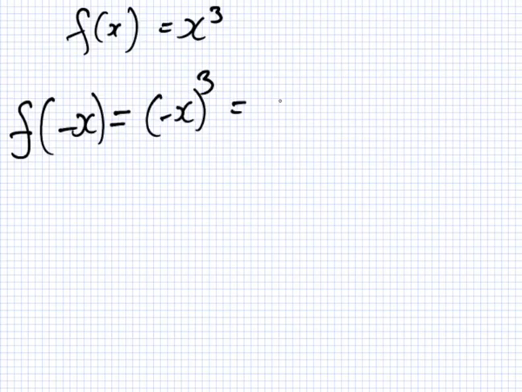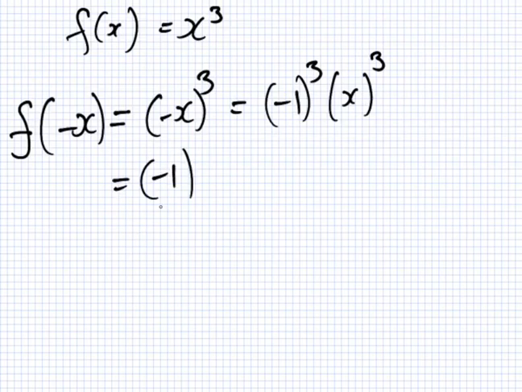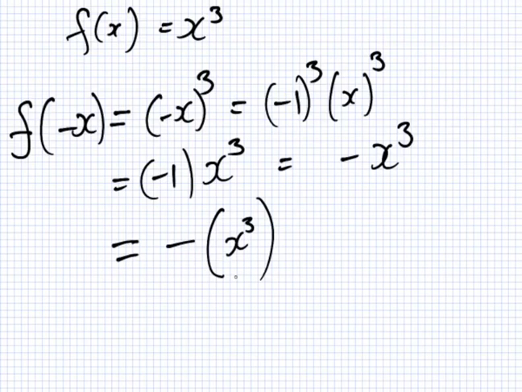But what does x squared equal? Here, I'll make it even more explicit. That's equal to minus 1 squared times x squared, which is equal to x squared, which is equal to f of x. So you started with f of minus x, and you finished with f of x. Therefore, it's even.